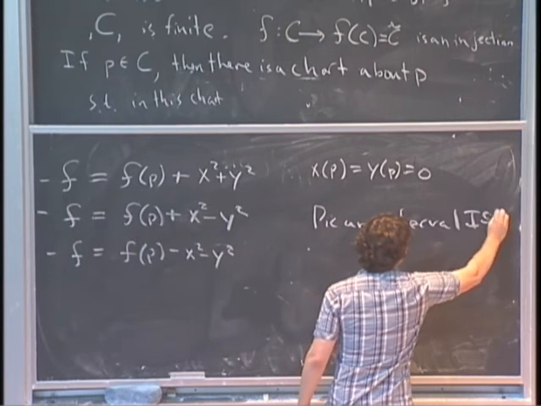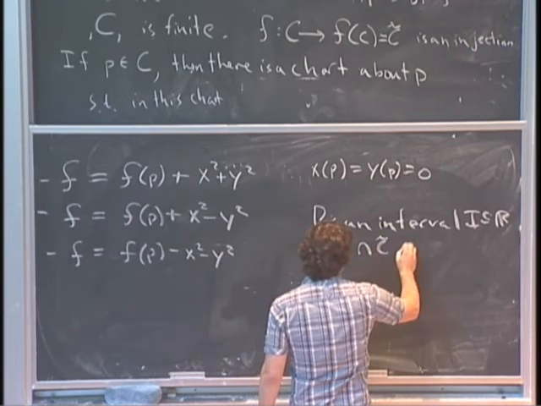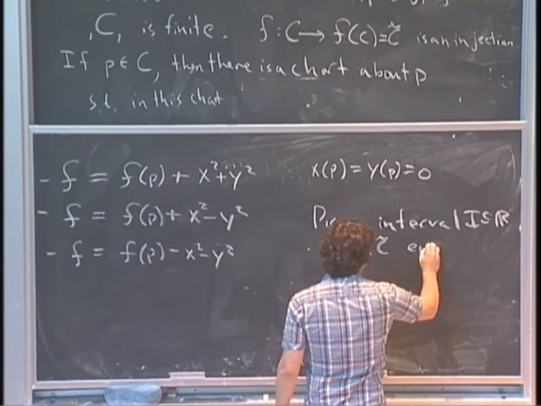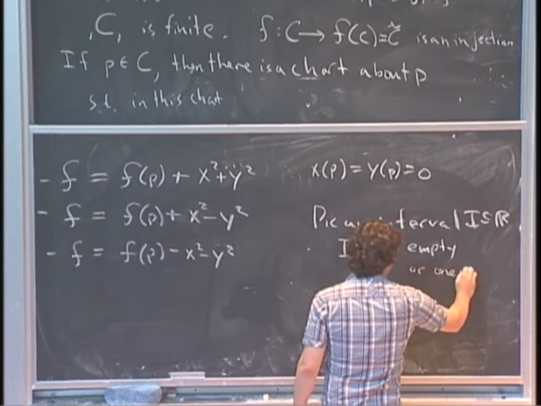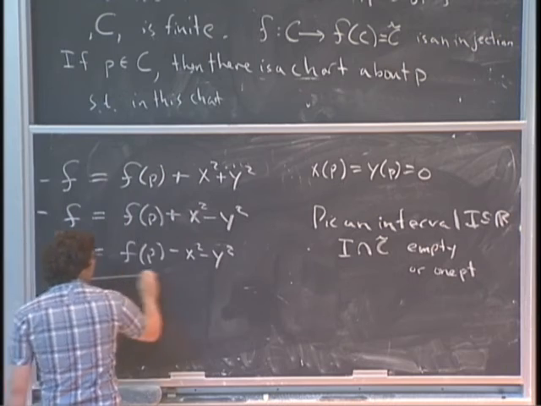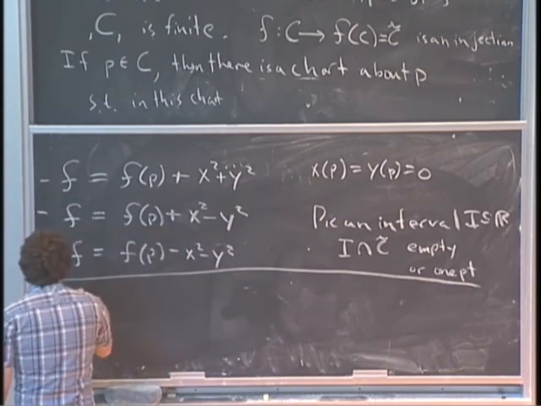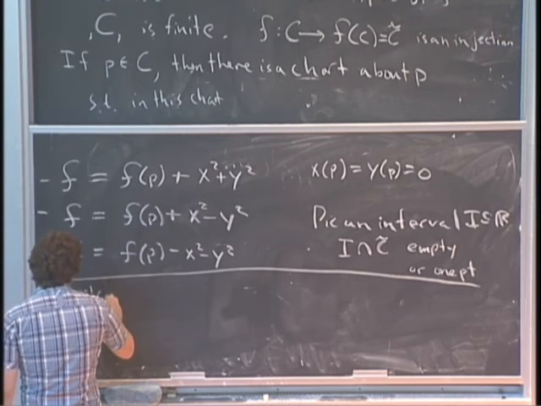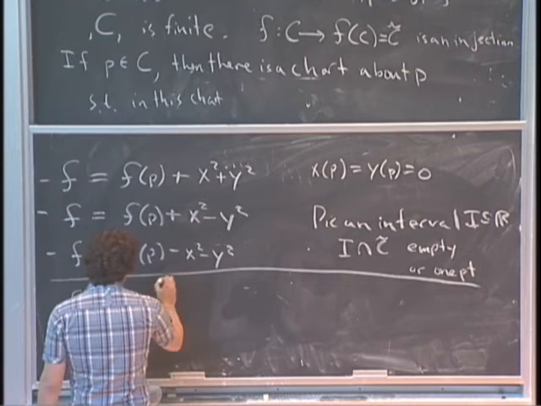I inside of R such that I intersect the critical values is either empty or one point. So then what we can see is that for such an I, one should check that f inverse of I is going to be equal to the following five things.